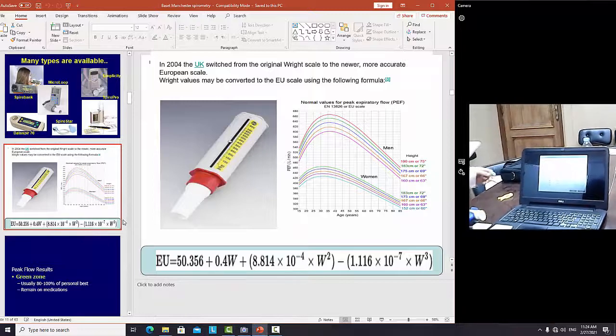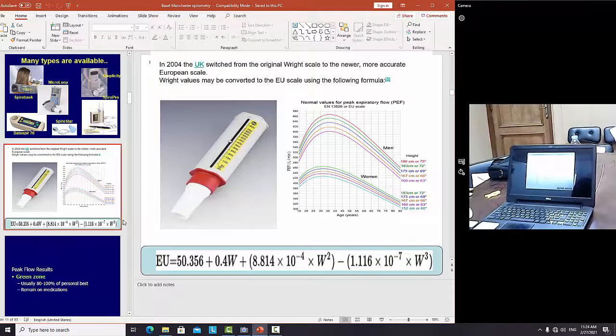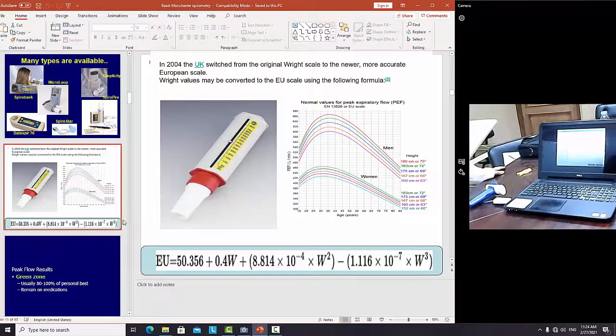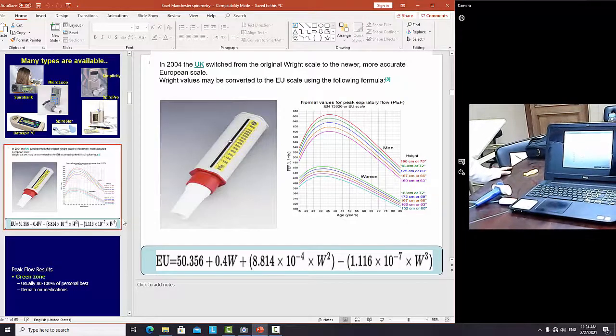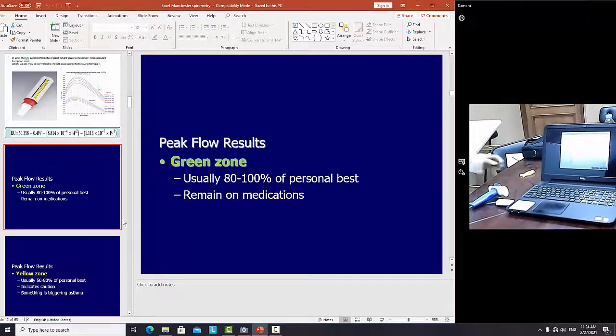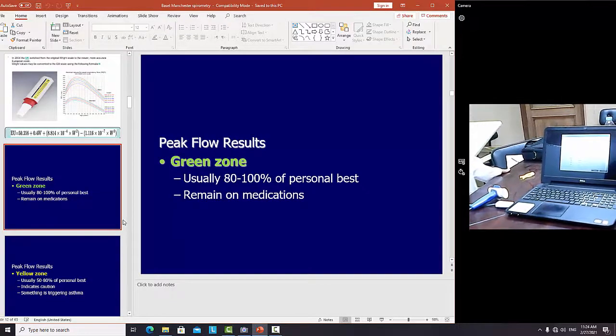Another tool we can use is called the peak flow meter. The peak flow meter is very small and cheap. This tool can be used for patients with bronchial asthma to follow them up. If the peak flow is in the green zone, from 80 to 100% of the predicted value, we don't need any change in the medication.